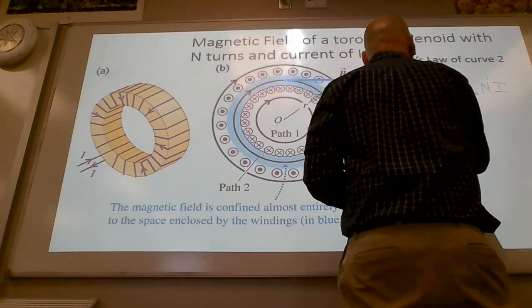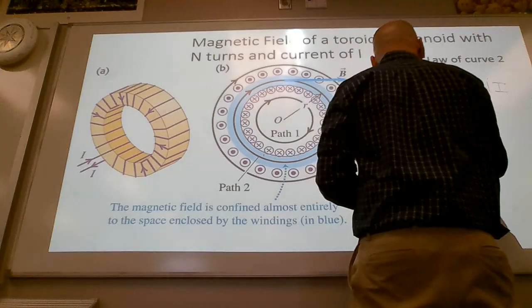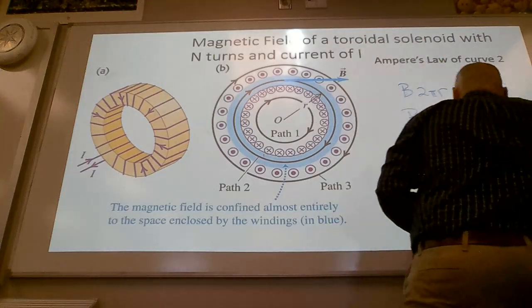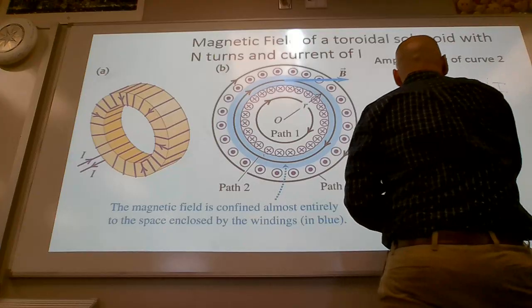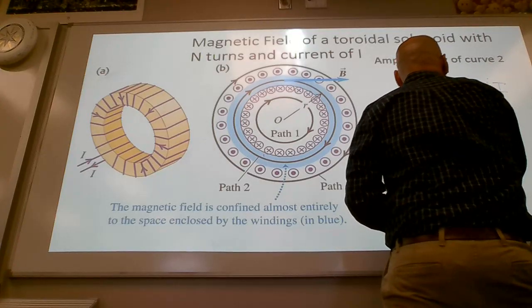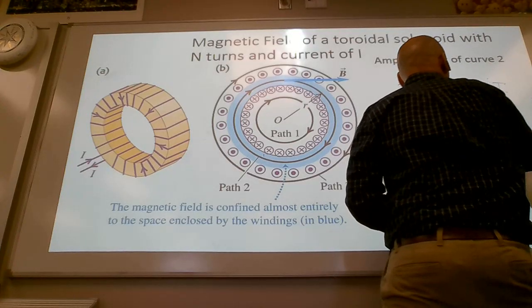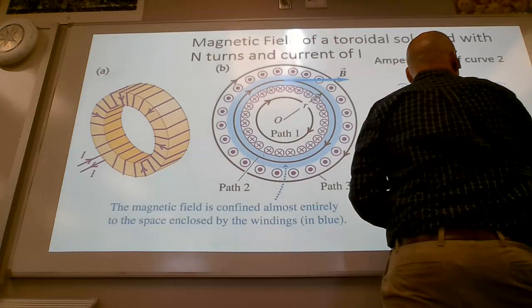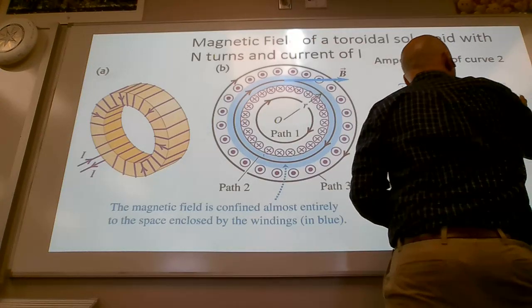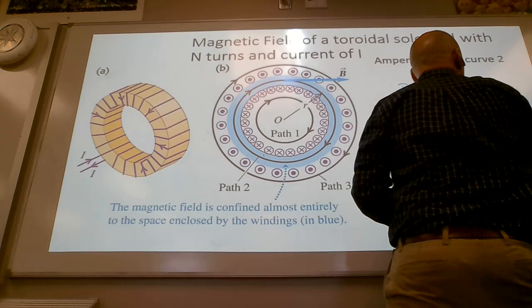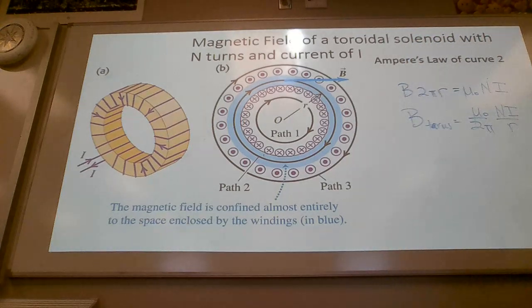Okay. So in a torus, B is equal to μ0 N I over 2 pi r. Good with that?